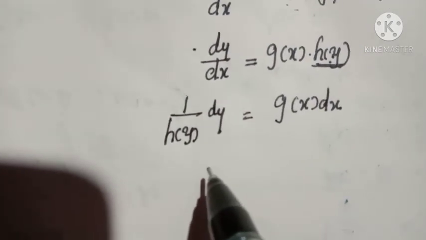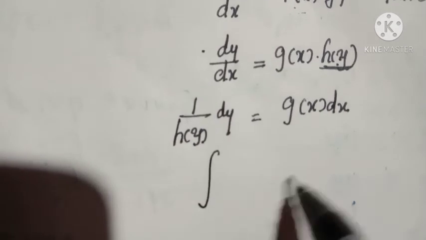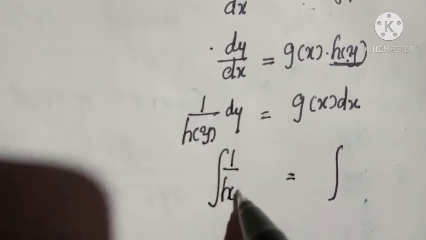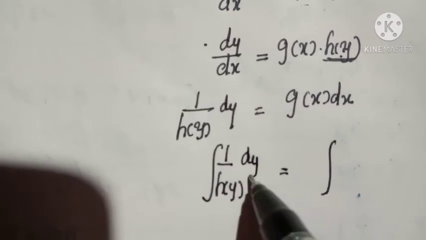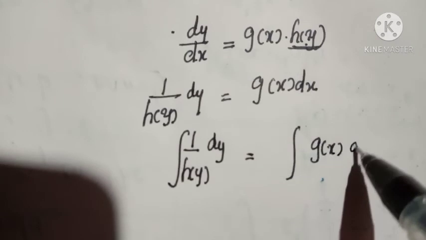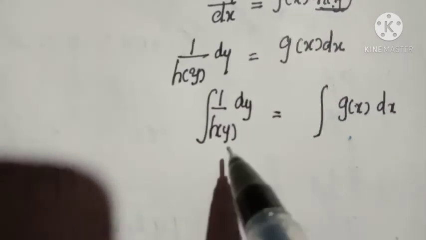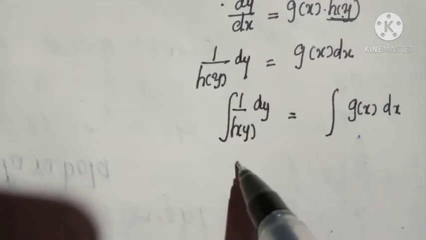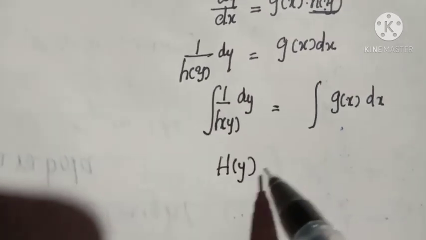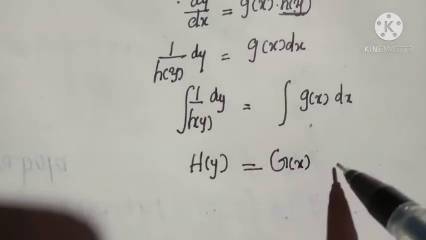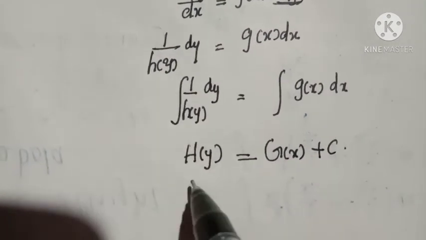Okay. Then the next step is integrating on both sides. So integral of 1 by h of y dy is equal to integral of g of x dx. Now let's consider the integral of 1 by h of y as capital H of y, and the integral of g of x as capital G of x, then the integration constant c.